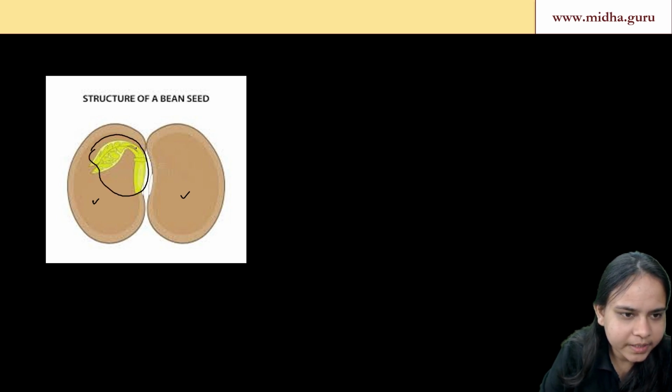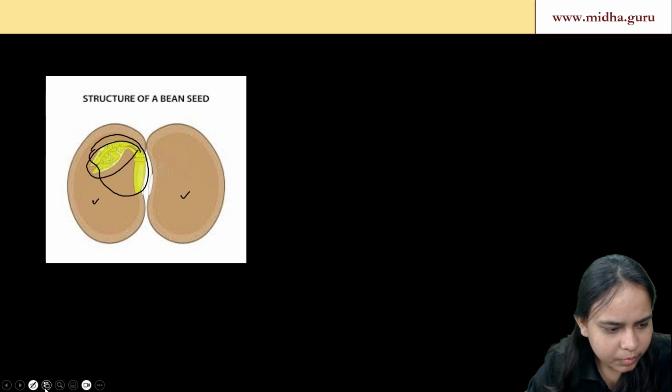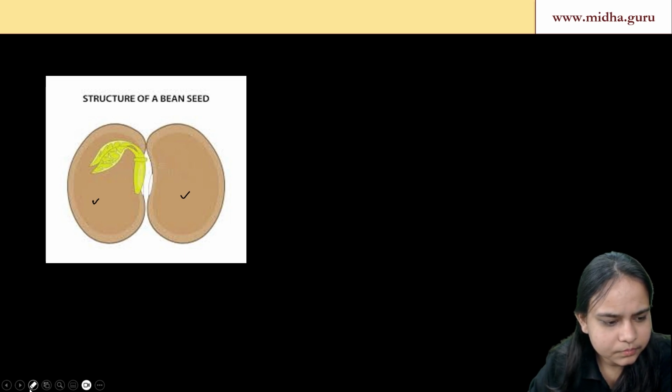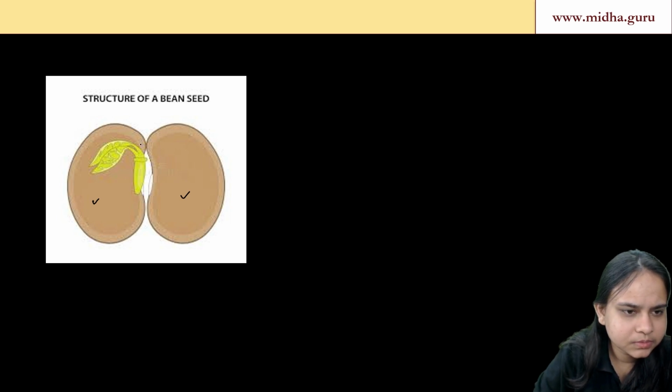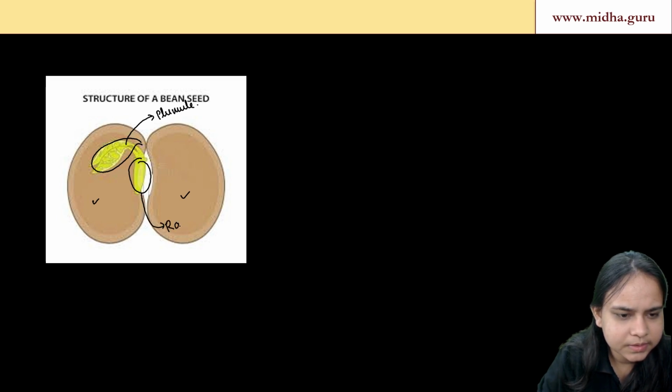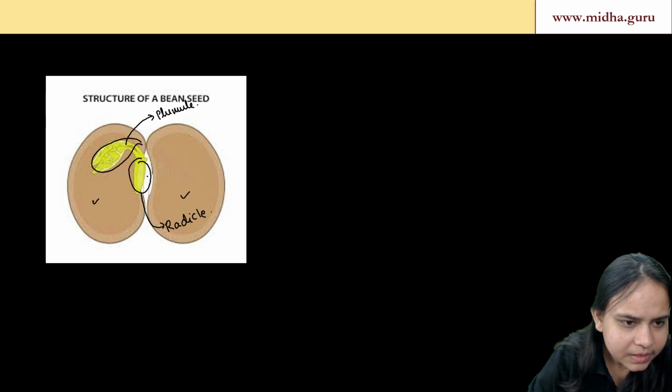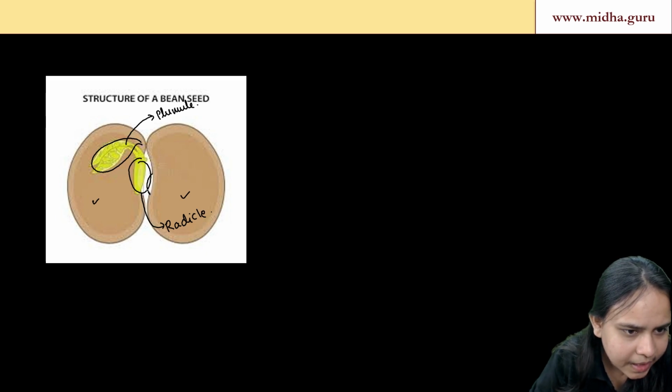So from here we can connect that this part, let me make it more clear. Yes, this part is the plumule, and this part is the radicle. This is the radicle.